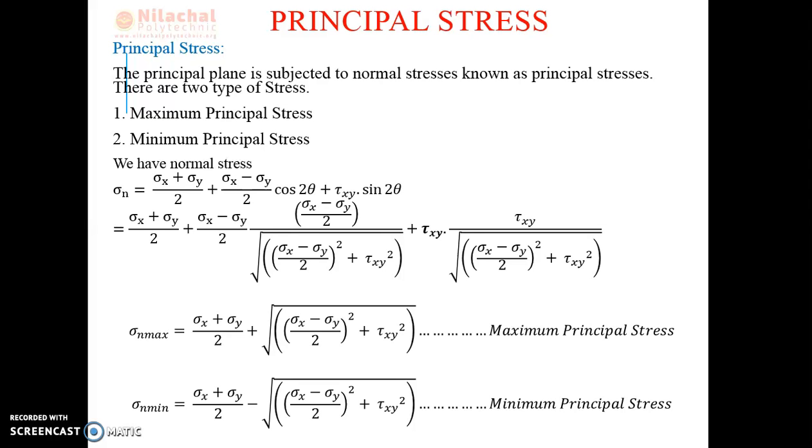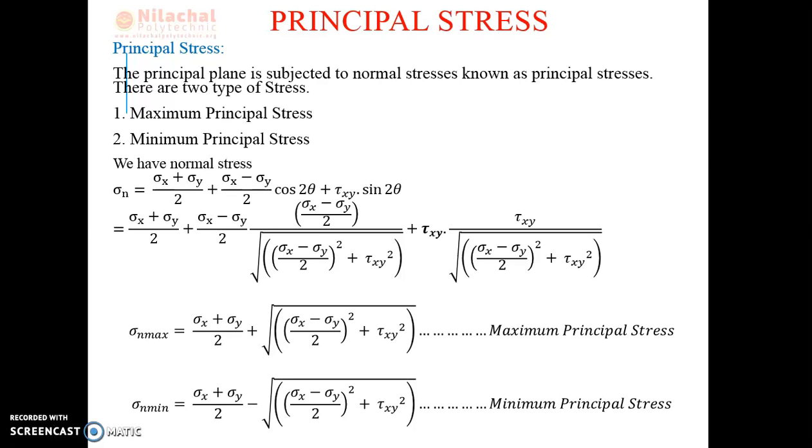Now what is principal stress? As we know, the principal plane is the plane where the value of shear stress is 0, hence only normal stresses are acting upon the principal plane. These normal stresses are known as principal stresses. There are two axes, one along the major plane and one along the minor plane.